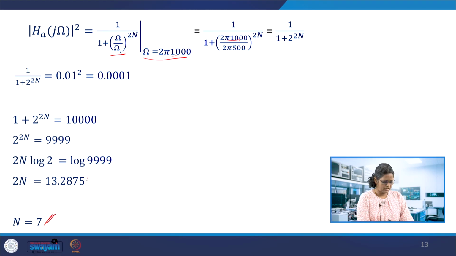So the order of the filter is calculated from the magnitude response, which is given at that particular frequency. What should be the magnitude response? You need to meet that specification, instead of finding the discrimination factor using del p and having that expression d and k, which also relates to the order of the filter.